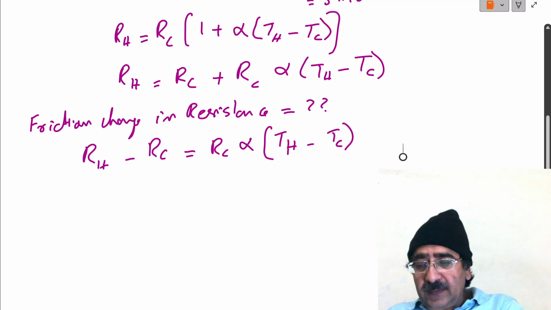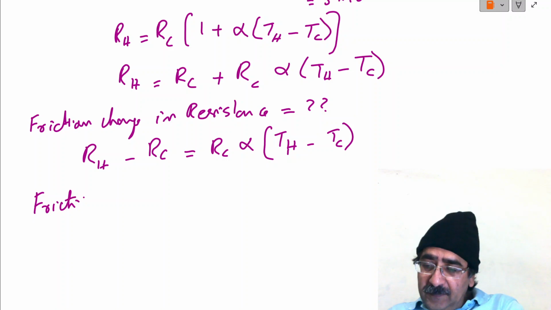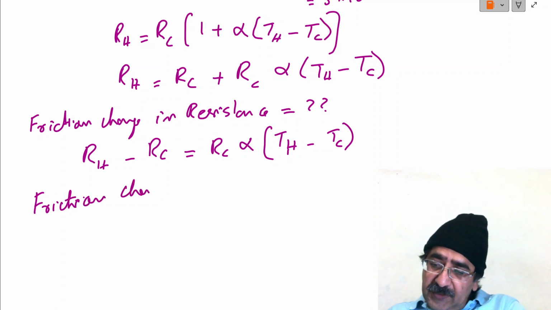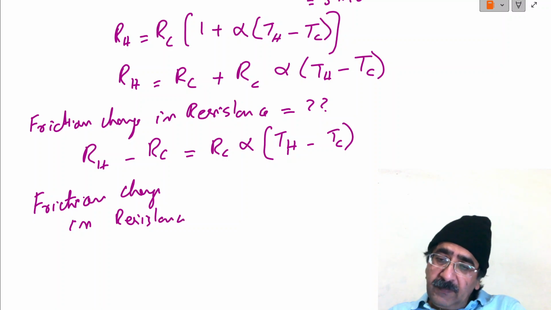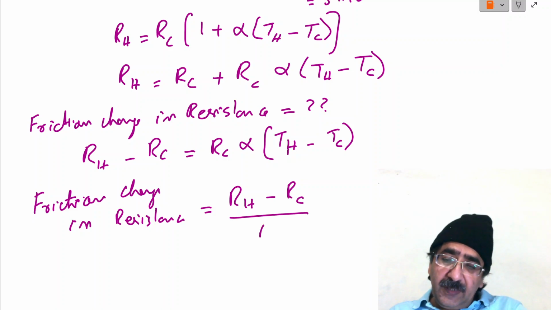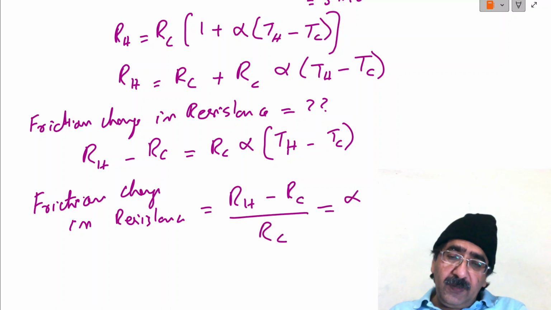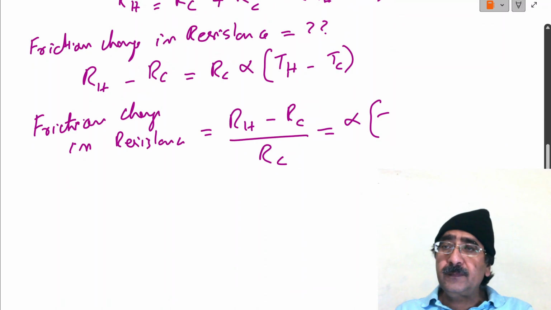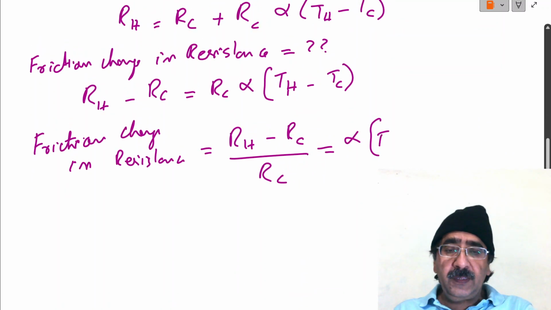Or you may say that the fractional change in resistance, that will be R hot minus R cold divided by R cold, is alpha times T hot minus T cold.